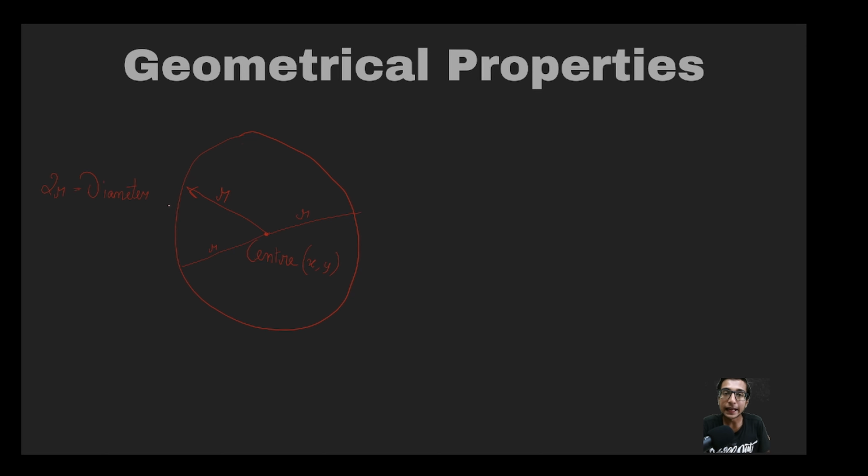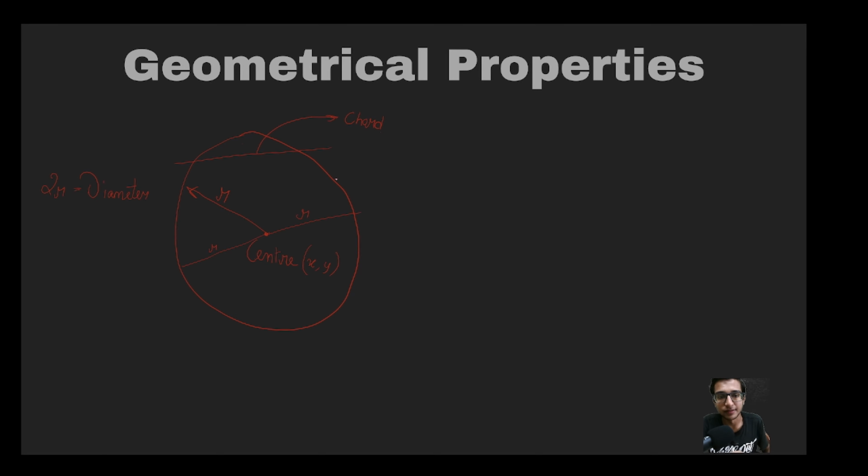Diameter is basically any line inside a circle that passes through the center. So whatever line I draw through the center, that would become my diameter. And if there is any other line which does not pass through the center but it is inside the circle, this is known as my chord. Again, these are terms that you have already studied in your class 9th, 10th, and again revised in class 11th and 12th.